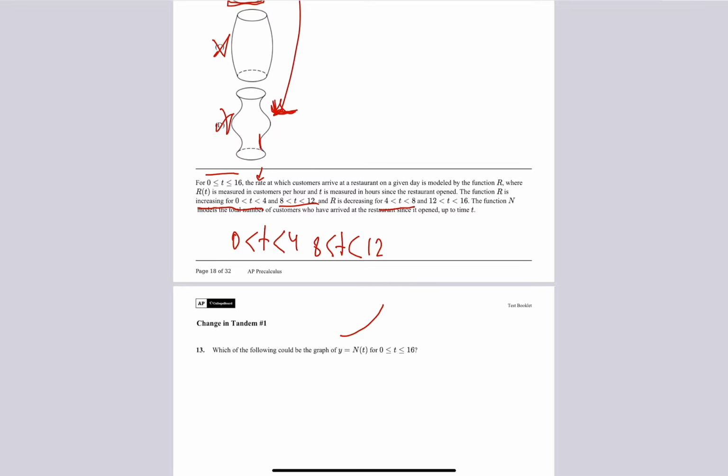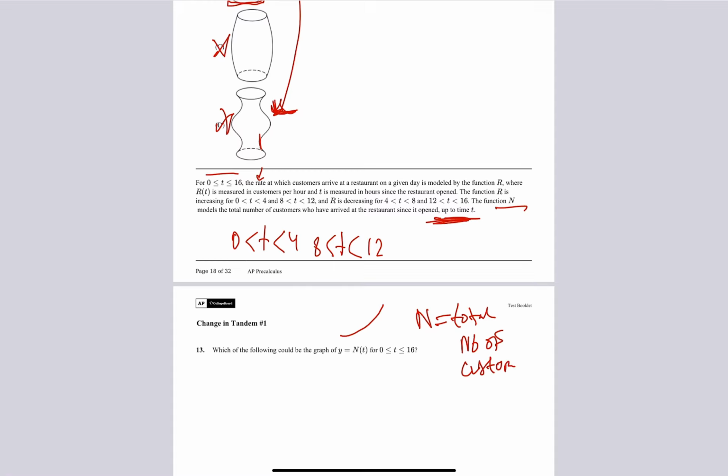And it's decreasing for the following values. The function N models the total number of customers who have arrived at the restaurant since it opened up to time t. So function N represents the total number of customers. And what does that tell us?